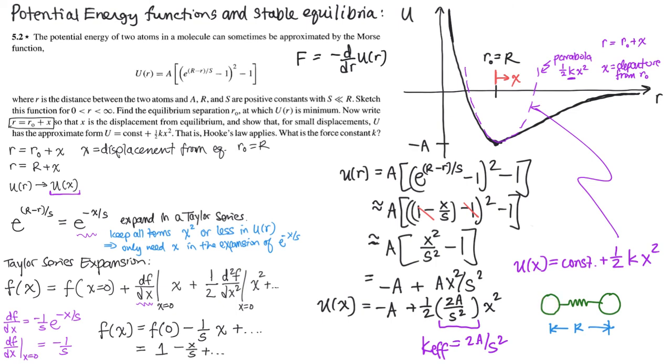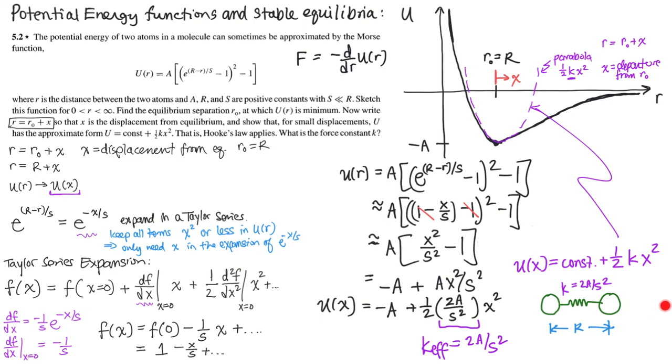If you perturb the system a little bit such that the separation grows a little bit, then the system will oscillate about this equilibrium position, capital R. And what that means is these two atoms will move such that their separation grows and shrinks and grows and shrinks exactly in the same way that two masses would move on a spring. Okay? And that spring in this problem has a stiffness, and that stiffness would be given by 2a over s squared.